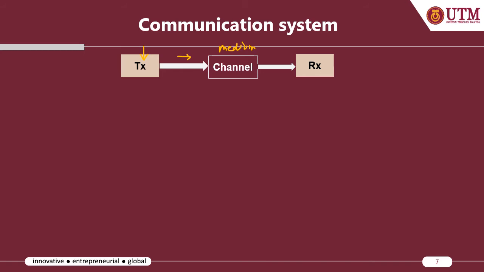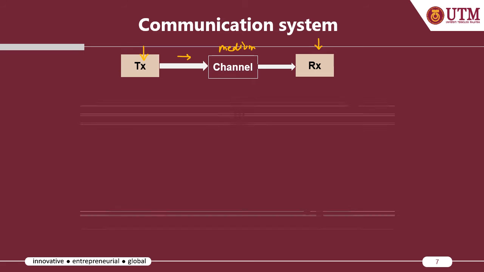So at the receiver, okay, the electromagnetic wave will be reconverted back into the voltage signal, and demodulation process takes place, and the end user or the end recipient will be receiving the signal similar to the one transmitted at the transmitter.